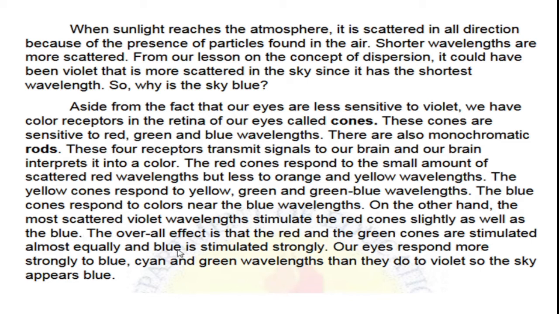So the overall effect is that the red and the green cones are stimulated almost equally and blue is stimulated strongly. So our eyes respond more strongly to blue, cyan, and green wavelength.